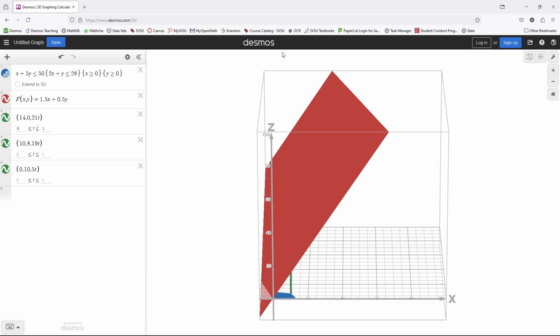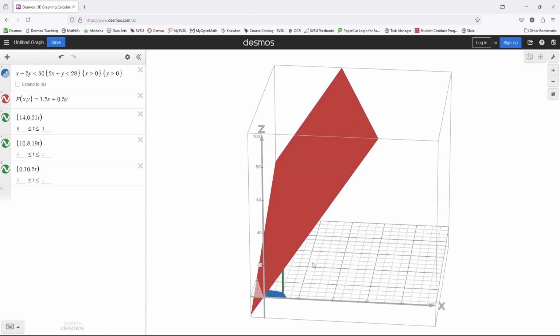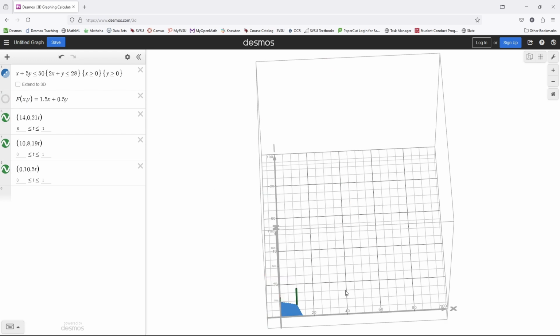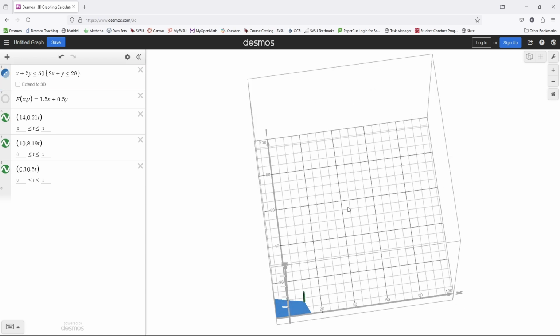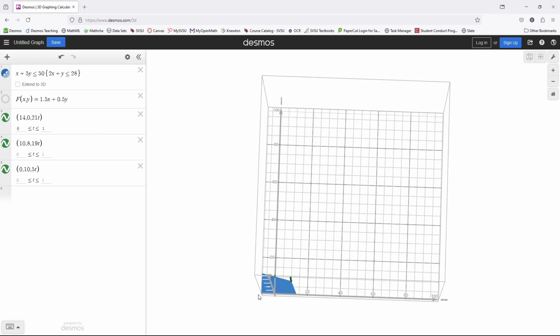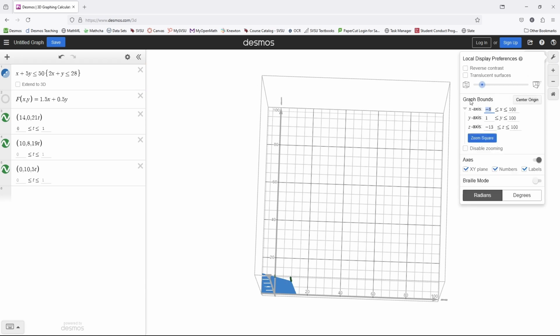And then sometimes, even with constraints, if our constraints are not bounded, so we were lucky here, the constraints are bounded here. It doesn't go off to infinity, but sometimes you will get constraints that go off to infinity. For example, let's say if we didn't have these two, that these constraints are going off to negative infinity.